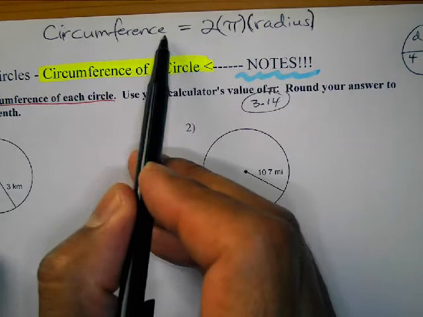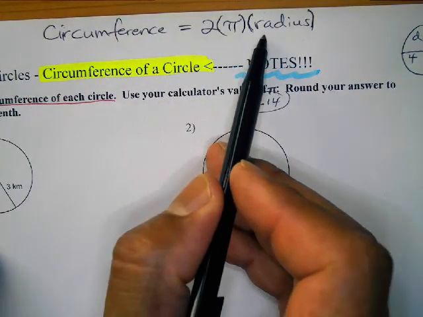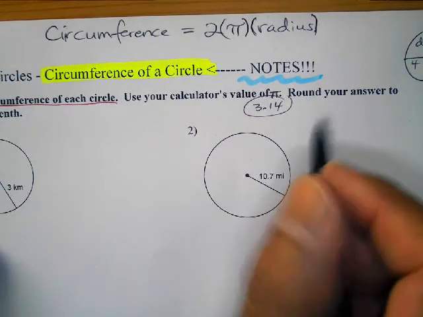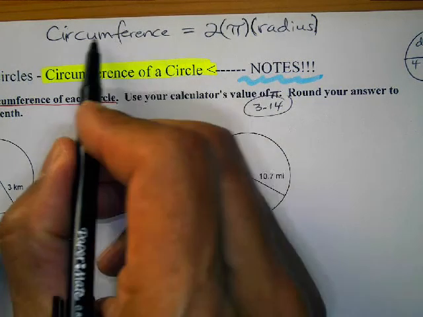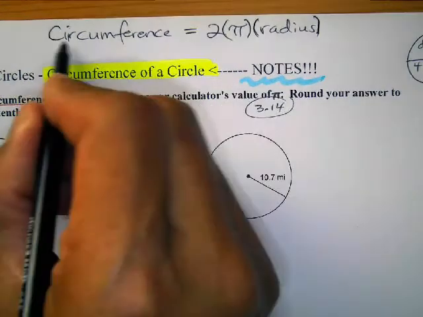We don't want to write out the whole "circumference is equal to 2 pi times radius." So mathematicians kind of shorthand everything.